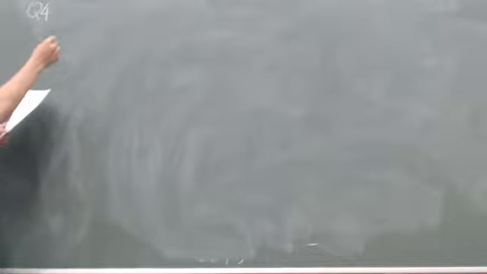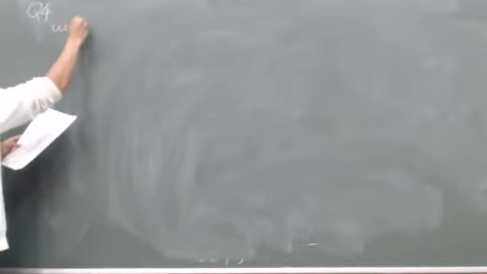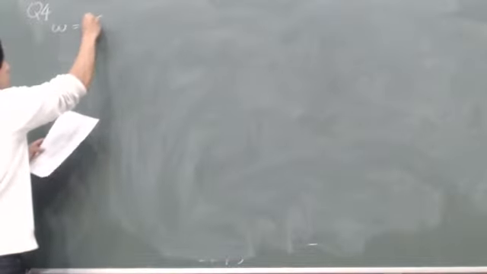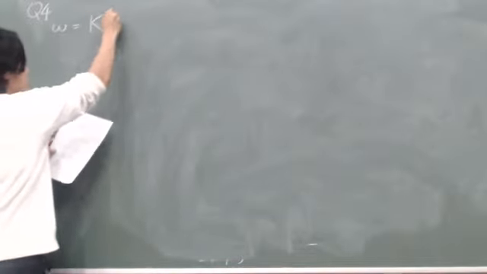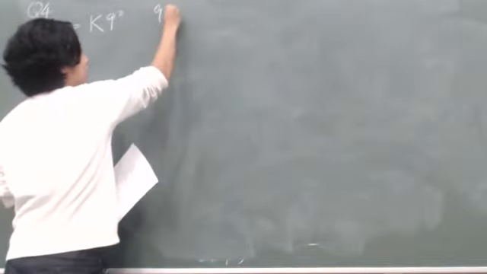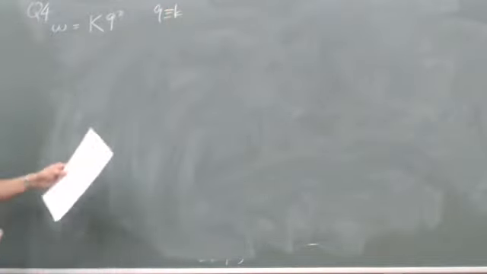You've got some ferromagnetic solid and you're trying to look for the spin energy inside it. The relevant information is that the dispersion relation can be written as omega is equal to some factor k times q squared. Q is the same as what we've been calling k before, they're just calling it q.